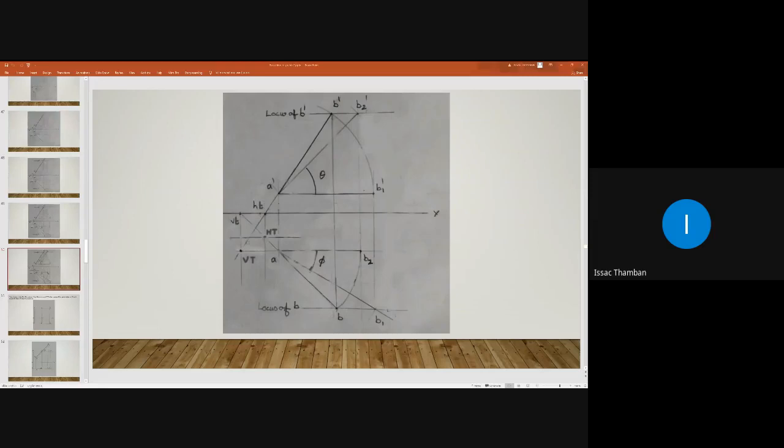Alvin, Febi, have you obtained B2 dash? Yes, sir. Have you connected A dash B2 dash? No, sir. You connect A dash B2 dash.